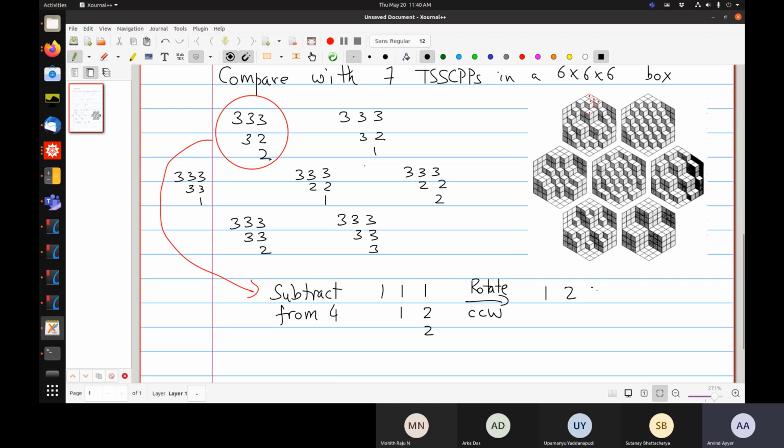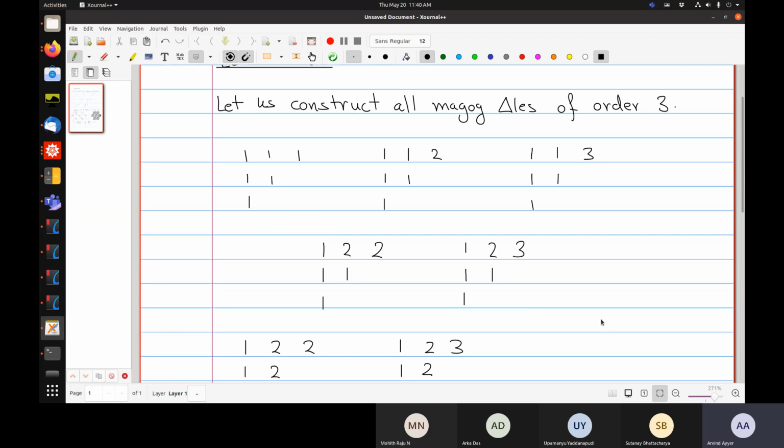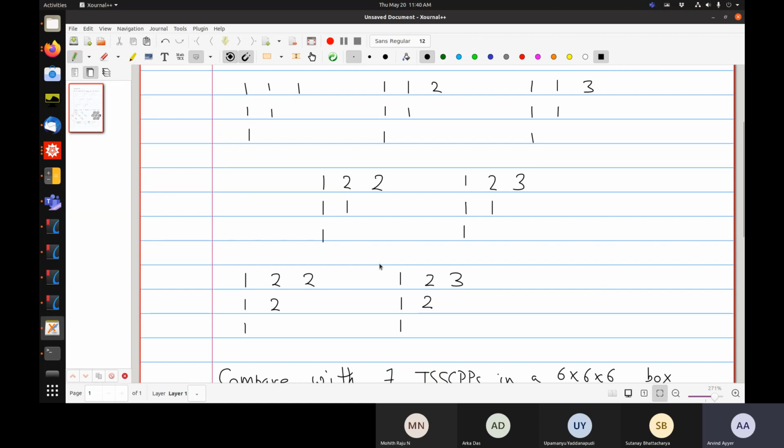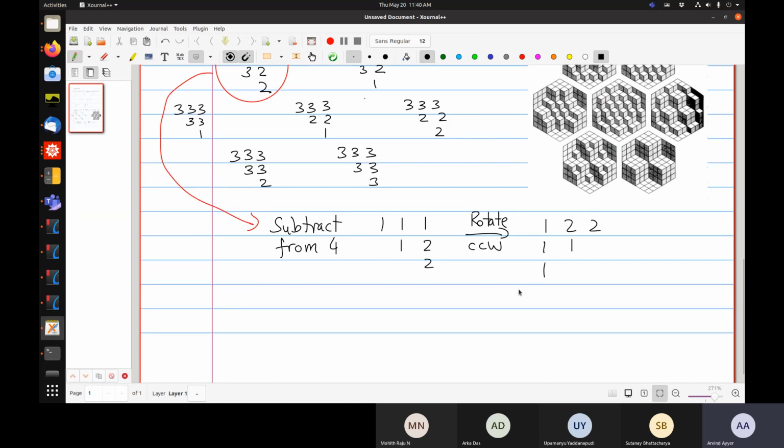So you get 1, 2, 2 for the last column, 1, 1, and 1. Right? So that's this. So similarly, you can get all.